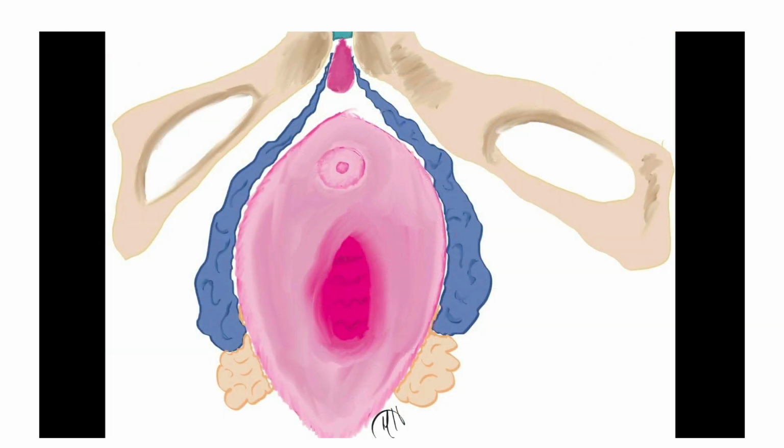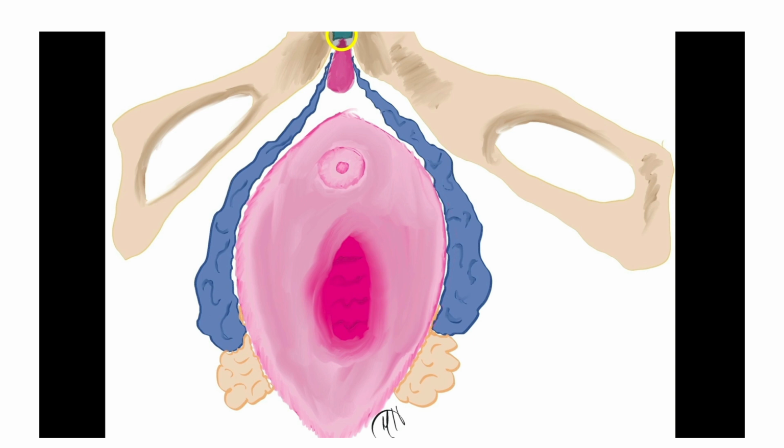This image is similar to what we just previously looked at. We are looking at the vestibule in pink, but we have removed labia, both the labia majora and labia minora, to expose a couple of these glands right here. These right here are the two innominate bones, the right and left innominate bones making up the pelvic girdle.